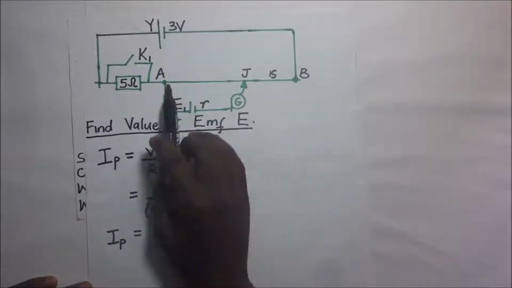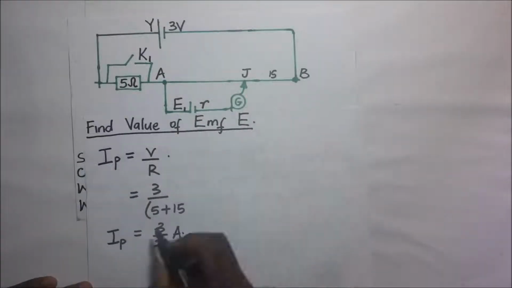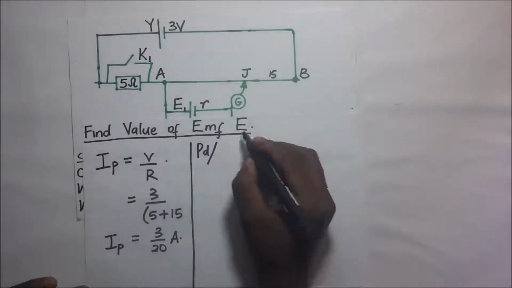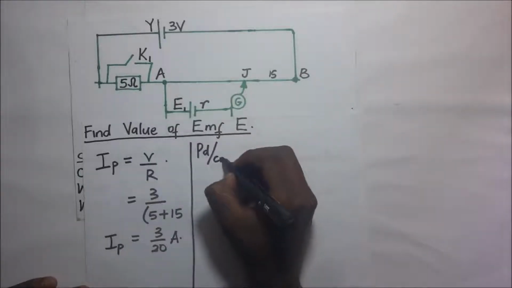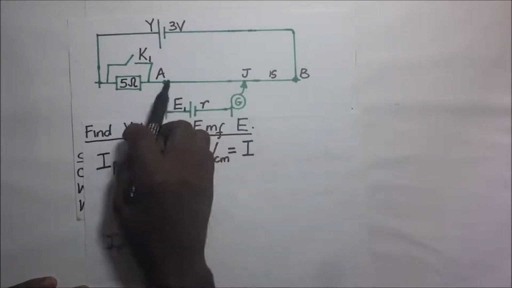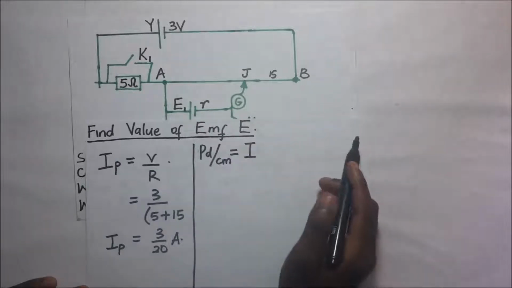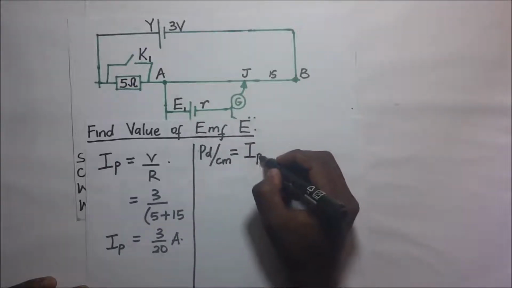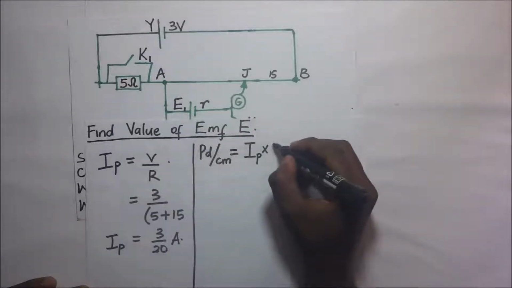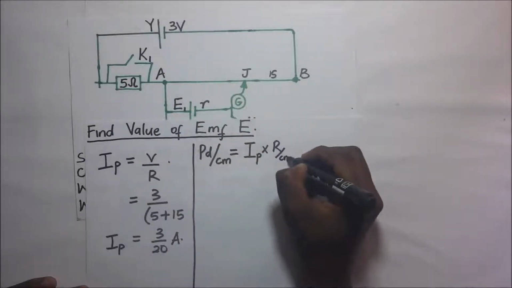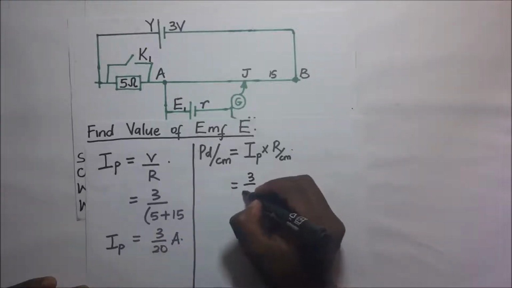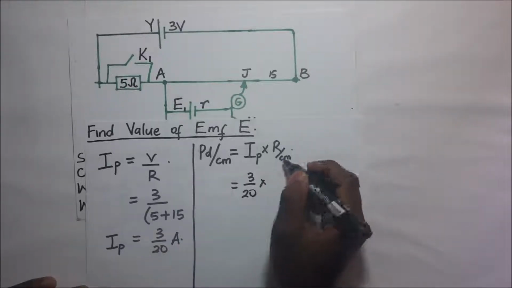So we'll go ahead and find the PD per unit length of wire AB. Since it's in centimeters, the PD per centimeter of the wire AB is going to be equal to the current I going through that wire, which is the primary current, multiplied by the resistance per centimeter. The primary current in this case is 3 over 20, multiplied by the resistance per centimeter.